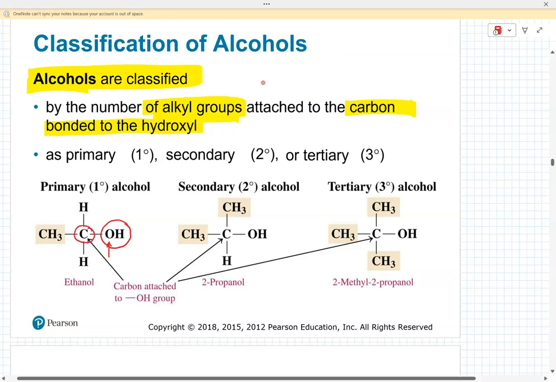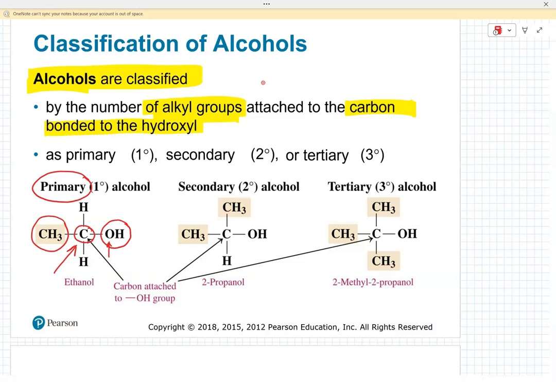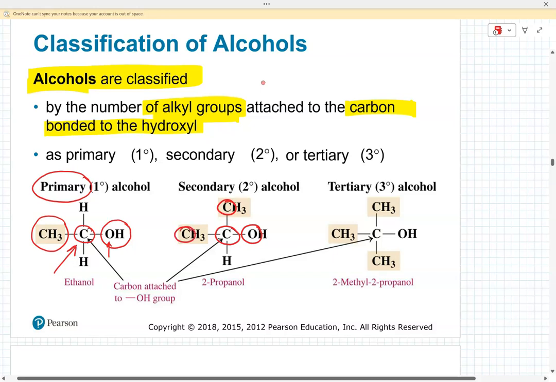This is the carbon that is bonded to oxygen. You follow? This is the only methyl alkyl group, another carbon, that is bonded to this one. This is why it is a primary alcohol. Do you follow? This carbon is connected to oxygen and also is connected to two other carbons.